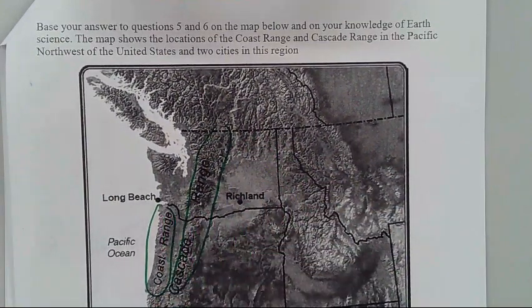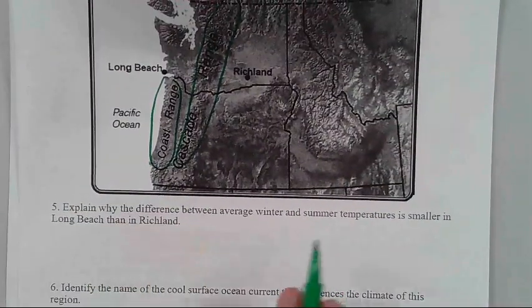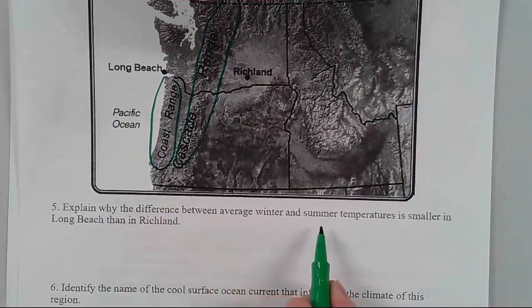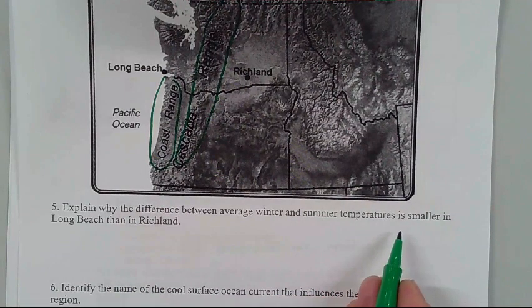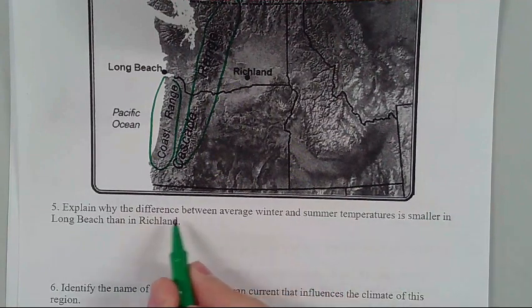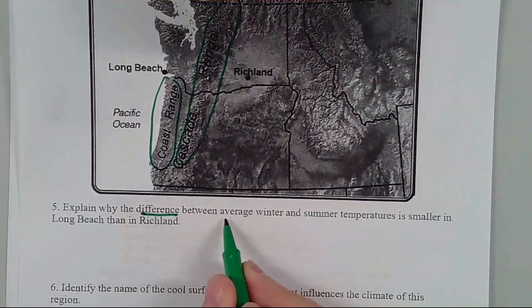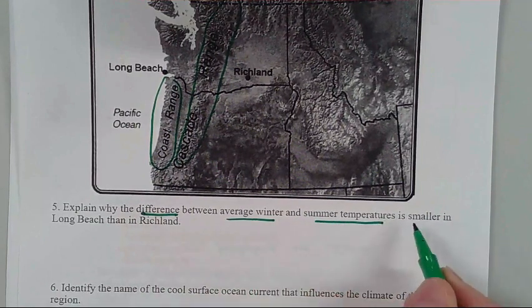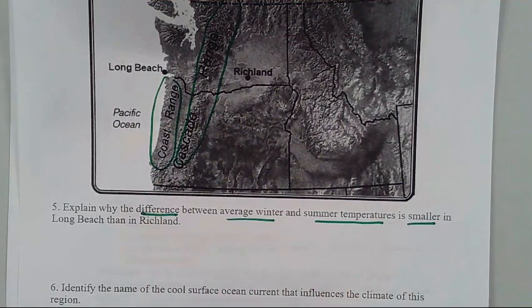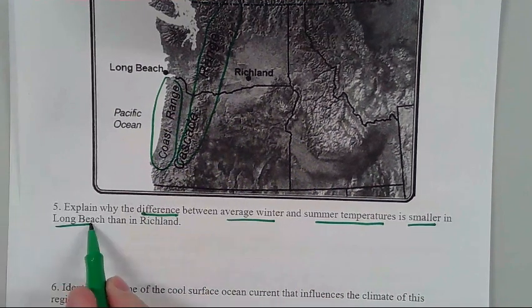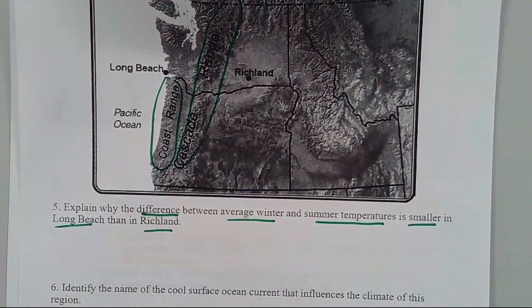We have Long Beach and Richland. Explain why the difference between the average winter and summer temperatures is smaller. So why is the difference between average winter and summer temperatures smaller? That means that there's a smaller range between them, so a more moderate climate for Long Beach compared to Richland.